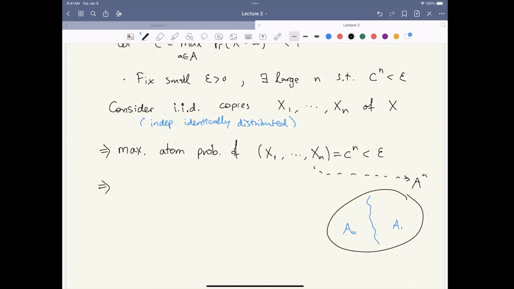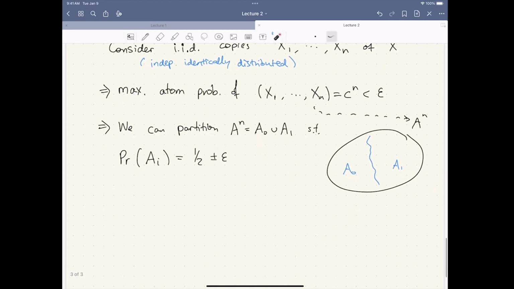This implies that we can partition the whole space into two sets, A1 and A0, such that the probability that Ai occurs is 1/2 plus minus epsilon. This means at least 1/2 minus epsilon and at most 1/2 plus epsilon.